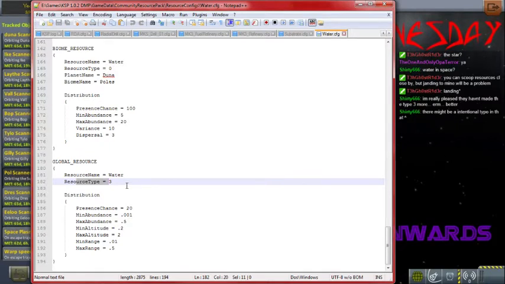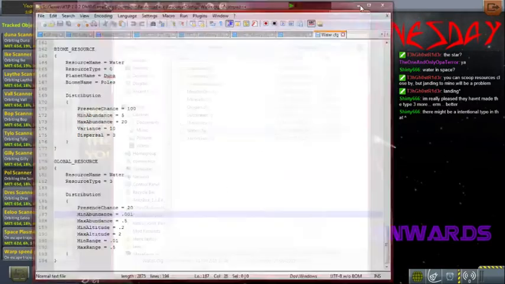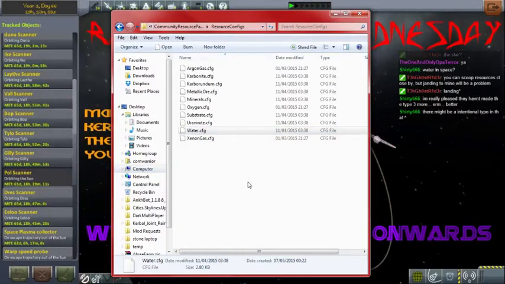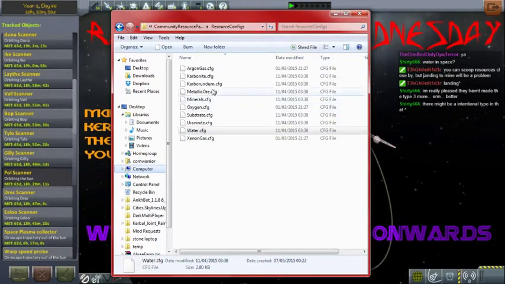Yes, Shirty, I think I can see that one. So that's the water config. Is there anything that we can see that might be funky?